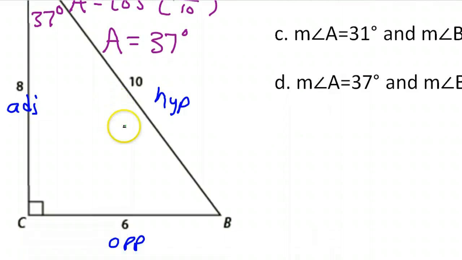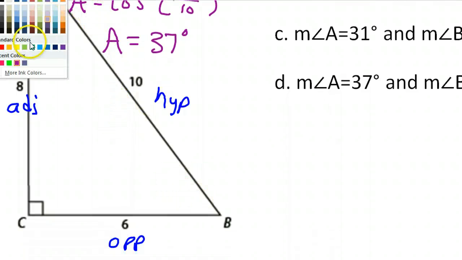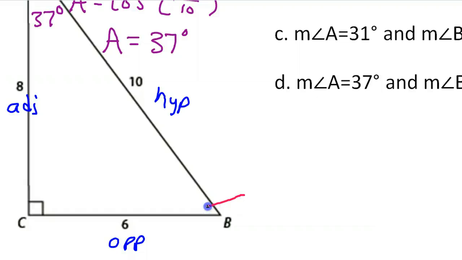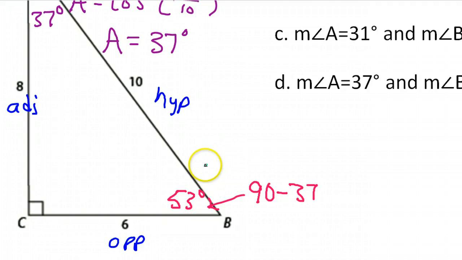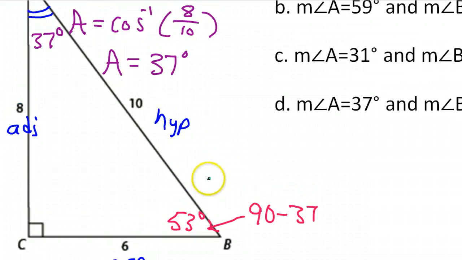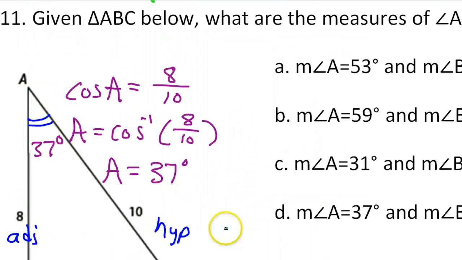Now if I want angle B, I only need to subtract from 90. So 90 minus 37 is going to give me 53. So A is 37, B is 53.